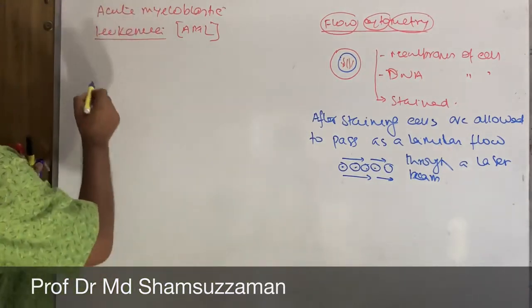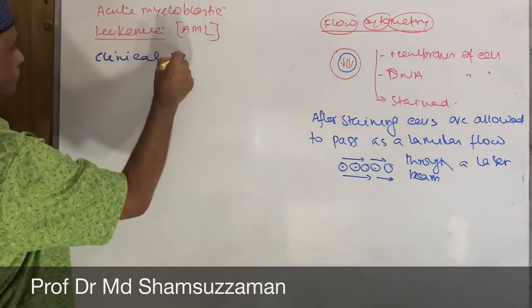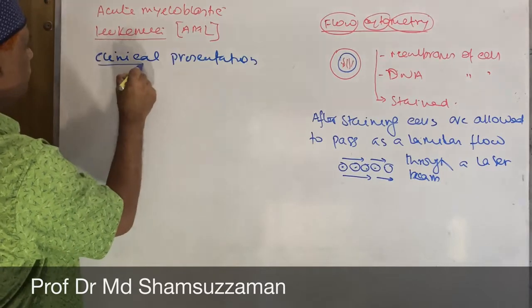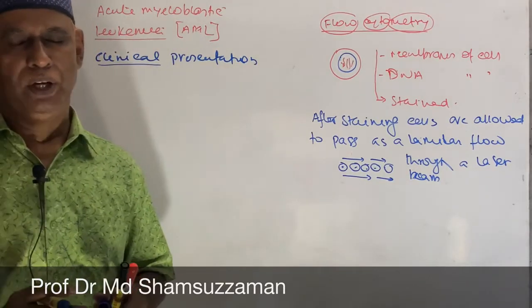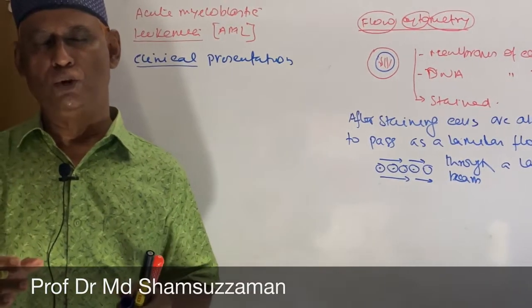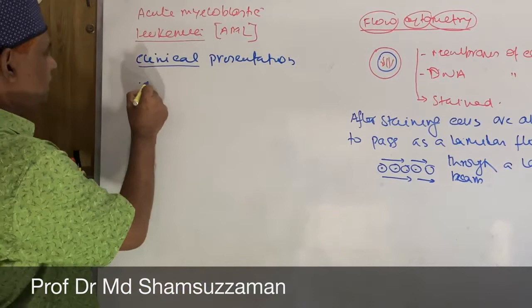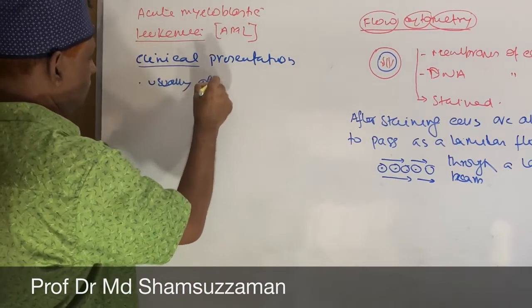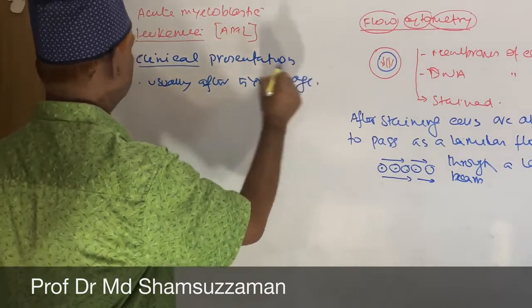Dear audience, you know it is acute leukemia. It usually occurs in childhood, but commonly acute myeloblastic leukemia occurs after the age of 5 years. So age of occurrence is usually after 5 years of age.